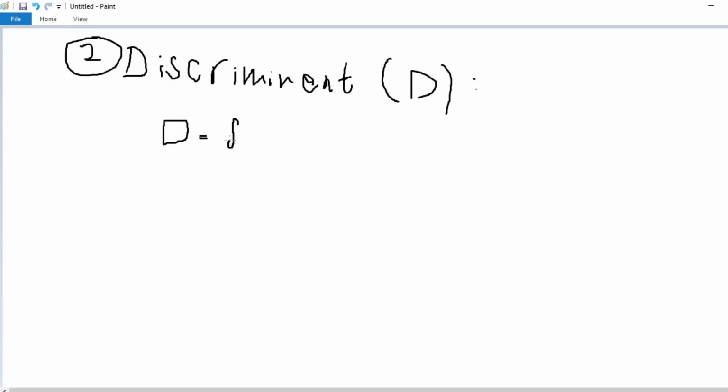The formula is f with the second partial derivative with respect to x, multiplied by f with the second partial derivative with respect to y, and then minus f of x with respect to y, xy, squared. So this is the discriminant formula.